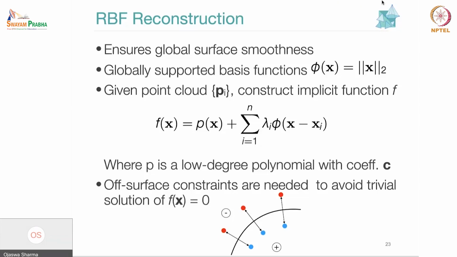You could think of this as similar to a signed distance function, but the values are not distances here. The values are some numbers, but I'm interested in the zero level set. While the values are not distances, the zero level set represents the surface that I'm interested in. So from points, I want to go to this implicit function and then take its zero level set, and done.